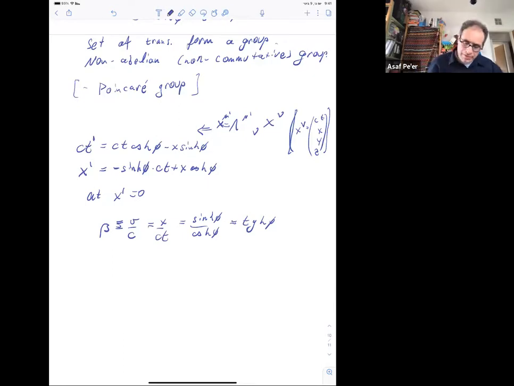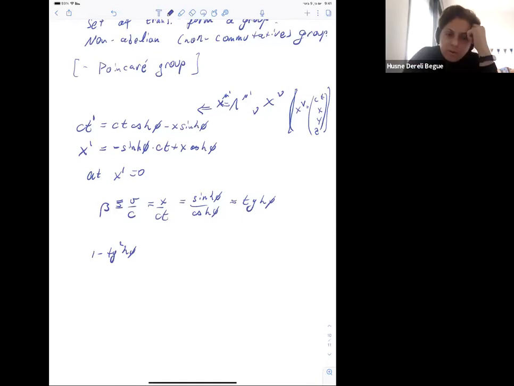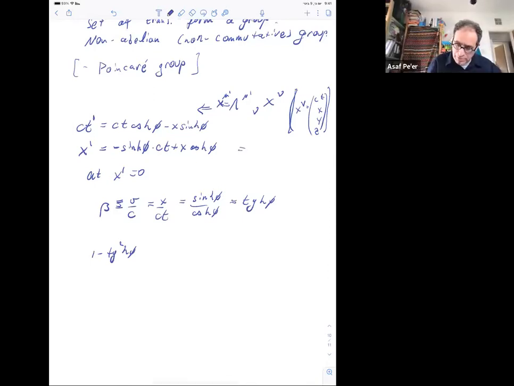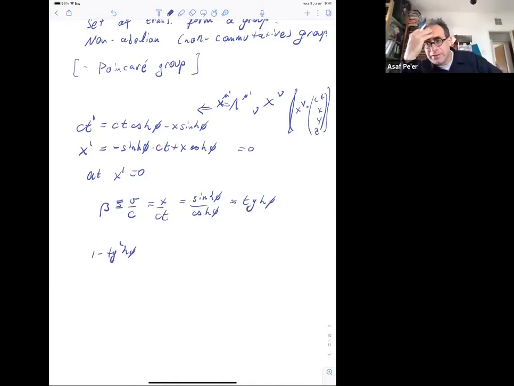Now it's just a matter of some algebra and refreshing your memory about hyperbolic functions. So we can write down 1 minus tangent hyperbolic of phi squared. Is it x prime or x? I put x prime equal to 0. So basically I took this, and I'm left with x over CT, which is just the velocity.